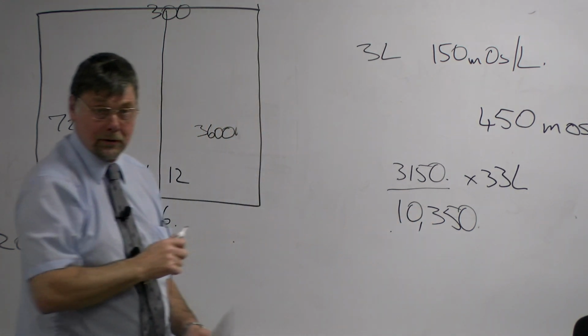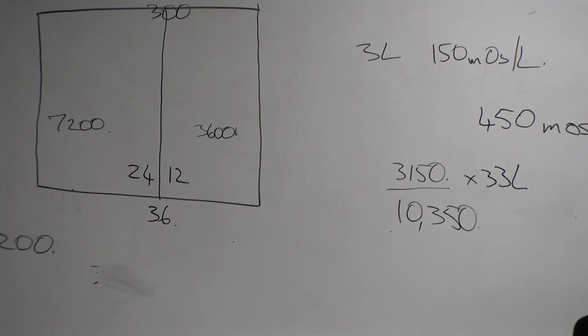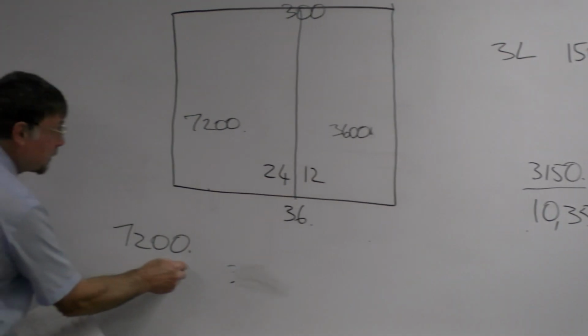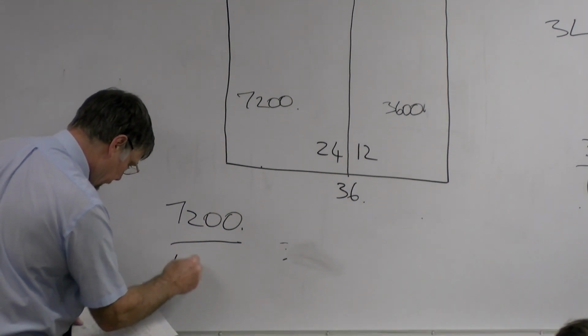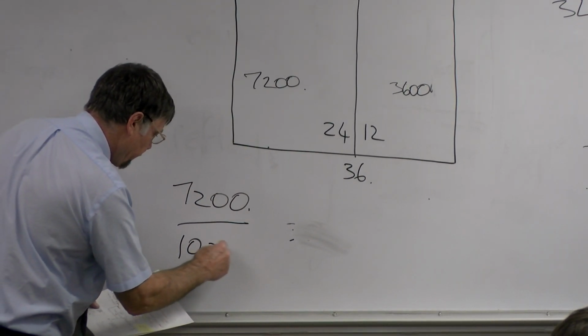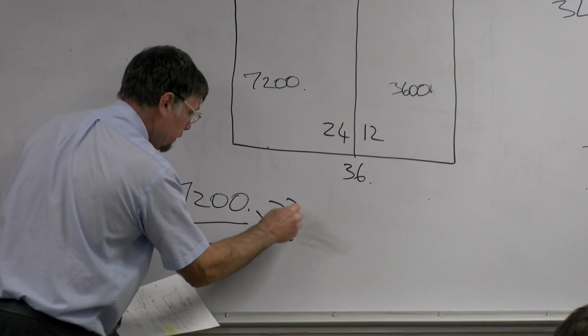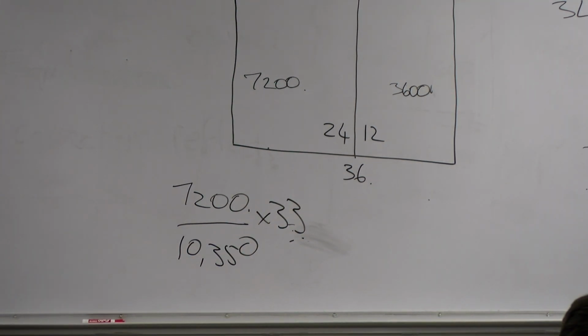Is this convoluted? And this over here is 7,200 over 10,350 times 33. So that's the way my mind works.